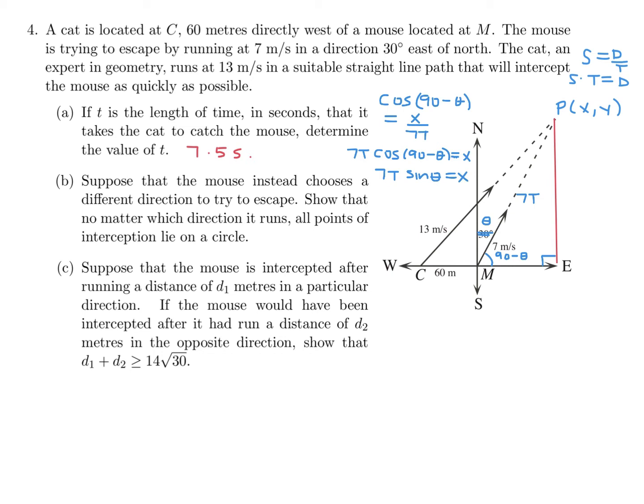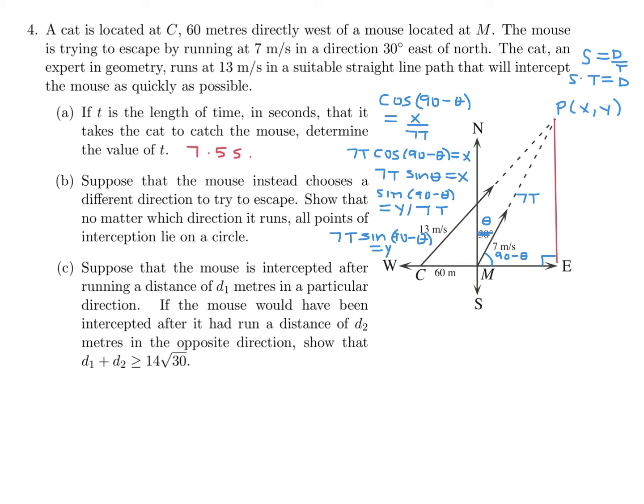In a very similar way, we can show with the same triangle that the sine of 90 minus theta is equal to y over 7t. Therefore, 7t times the sine of 90 minus theta is equal to y.